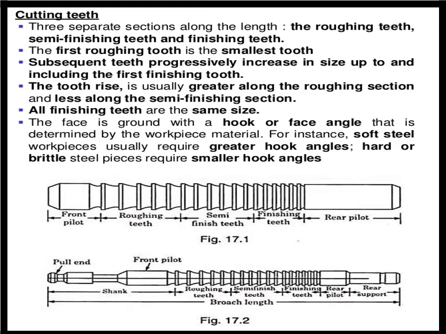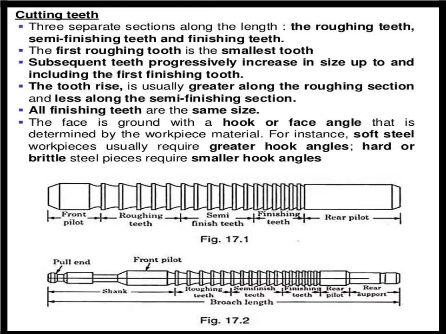The most important point is the rise of tooth, rise per tooth. This is usually greater along the roughing section, and the rise per tooth along the semi-finishing section is less.